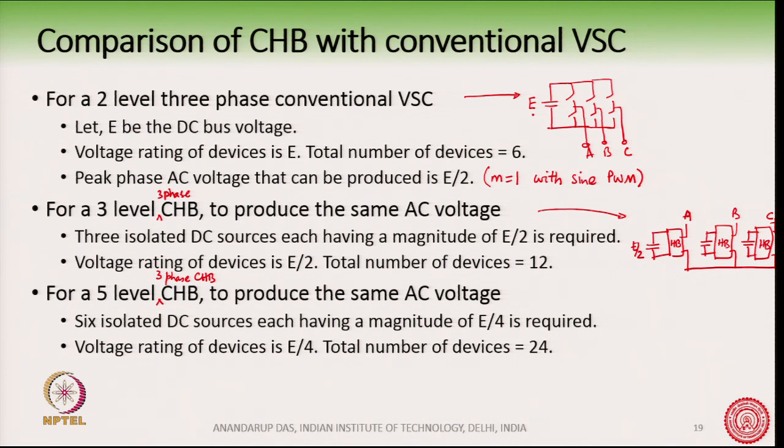So, if this E and that E are the same, then the AC voltage will also be the same. So, this CHB here can produce the same AC voltage of peak value E by 2.